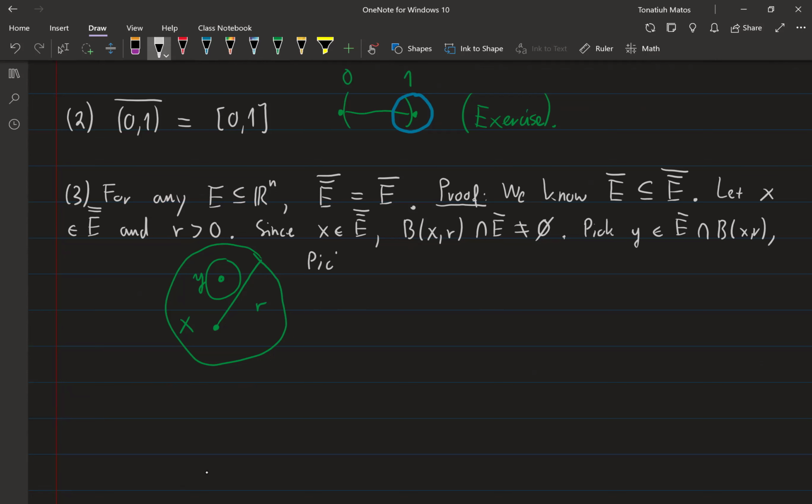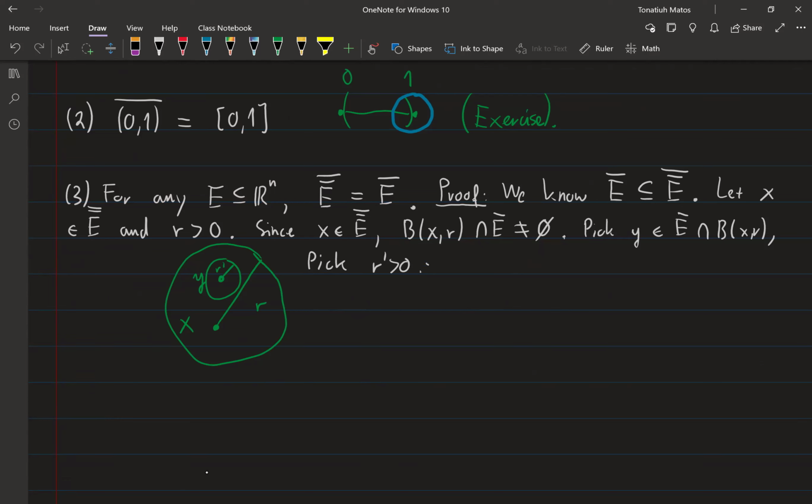So not to be excessively technical, let me just do this geometrically, right? So this is R, let's call this R prime. So pick R prime, and we did this in the past, right? We did this to show that every open ball is open, or with the interval. Like I said, it's the same idea. So pick a radius R prime, and you could explicitly define this. How would you do this?